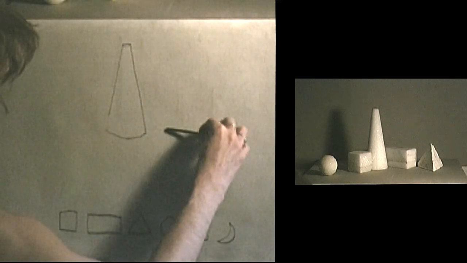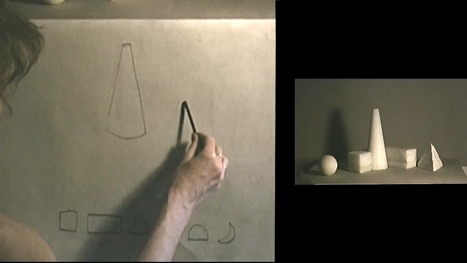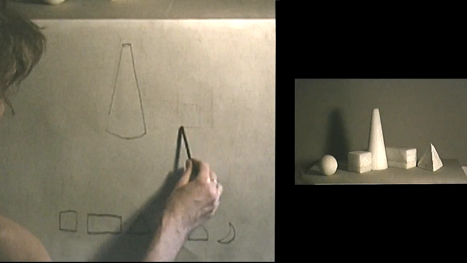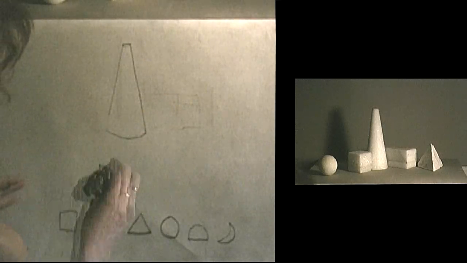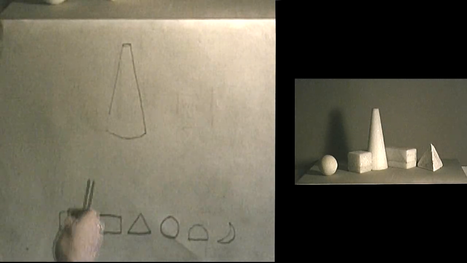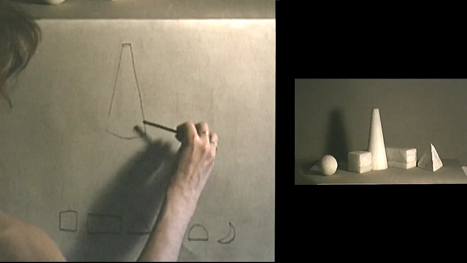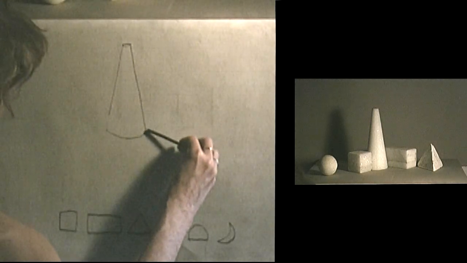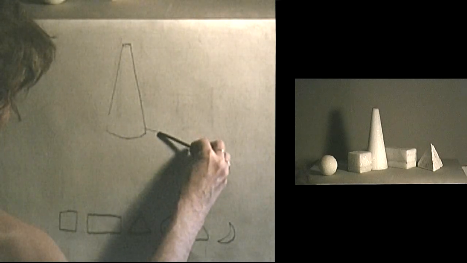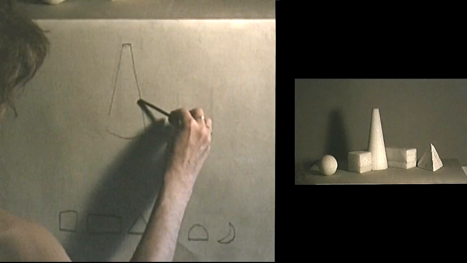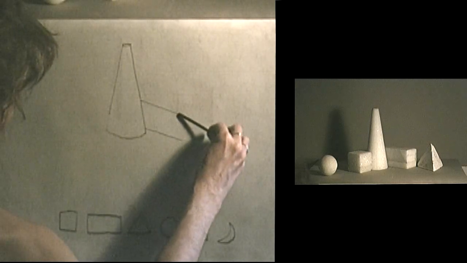Now, working from the center out, the rectangle comes next. First thing I notice is it doesn't come straight to the side and straight to the side, and then this side is here, and then there's a top. That's not how it really looks to me. What I notice is it's coming from behind. When I hold my charcoal up, it seems like it's coming from back to front at an angle. It's coming at an angle towards us.